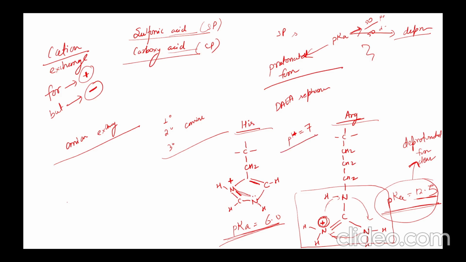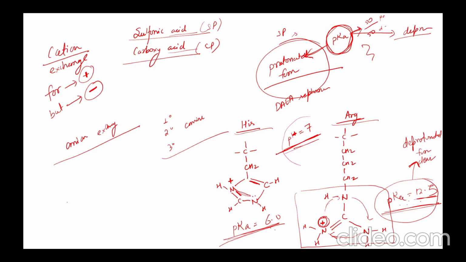I said above that at pH lower than the pKa, the molecule will remain in the protonated form. So arginine at pH 7, which is lower than its pKa, will remain in the protonated form. But if we see histidine at physiological pH, here the pKa is 6.